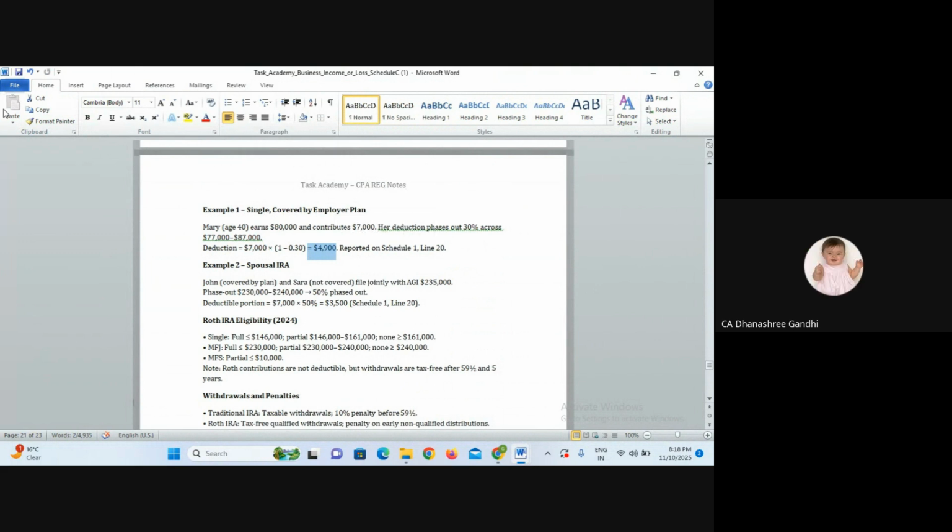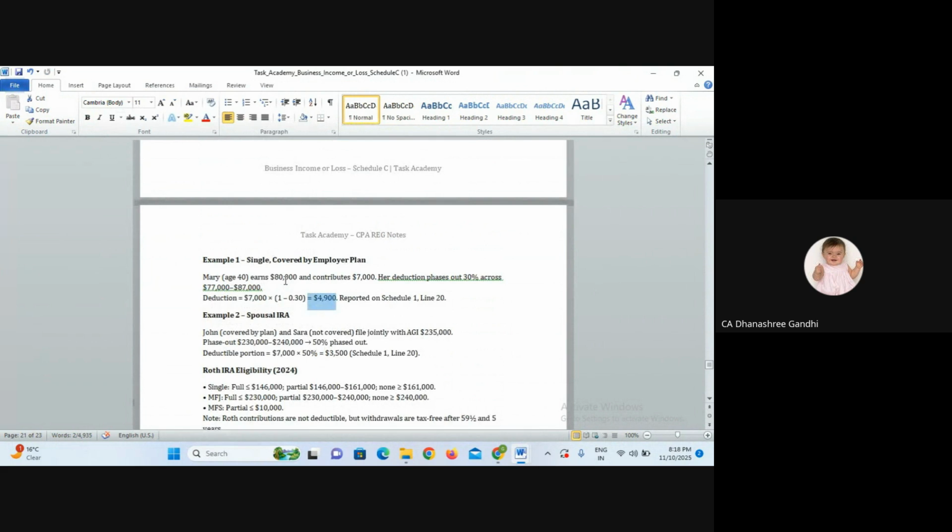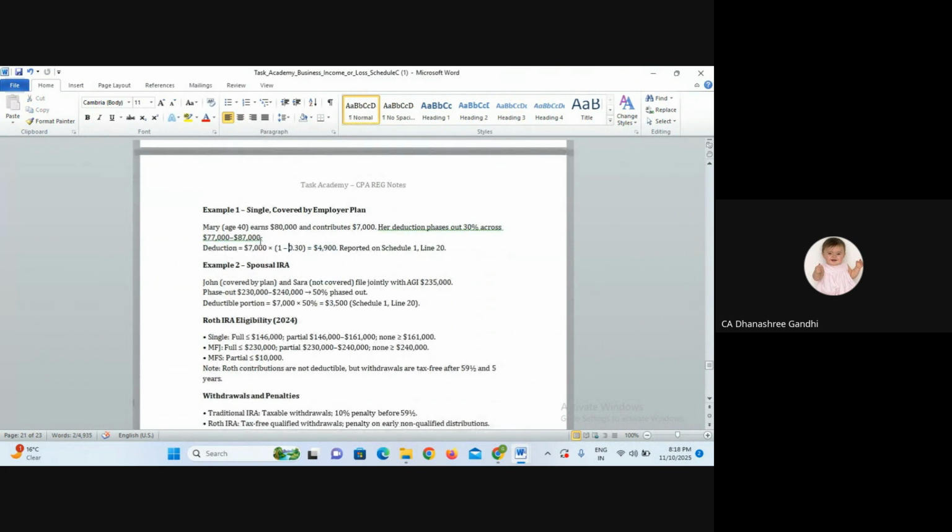How did you calculate 30%? Okay, look, there is a difference of $10,000 here. We calculate this percentage: how much excess AGI we have, divided by this limit of $10,000, gives the percentage.